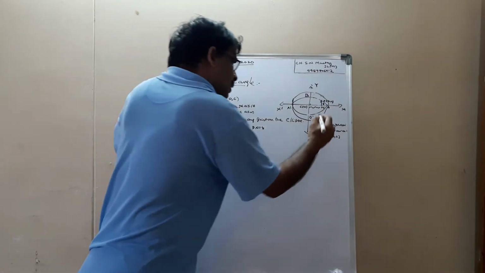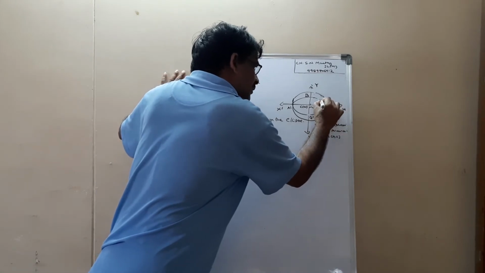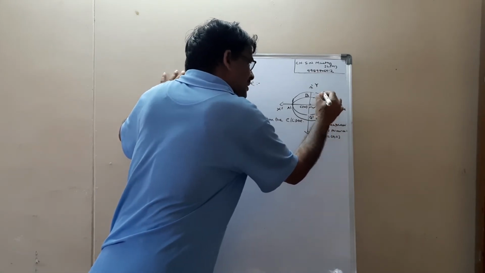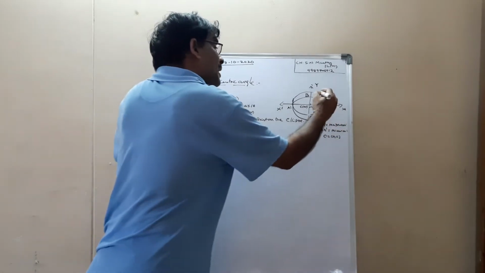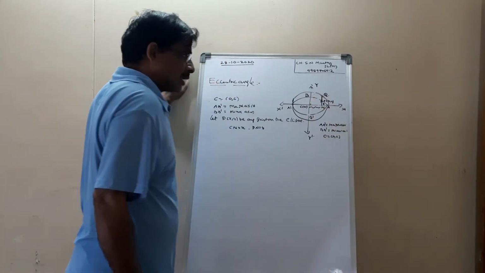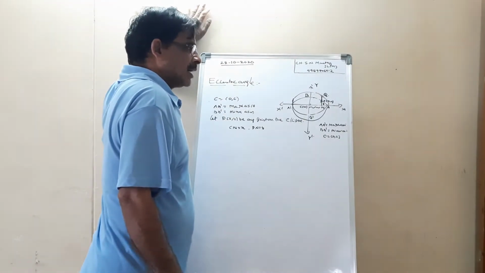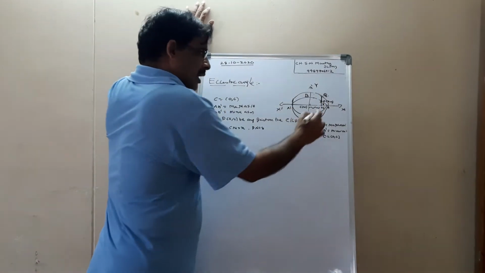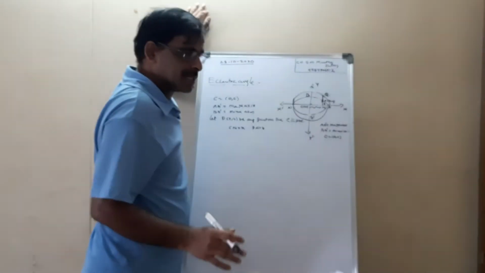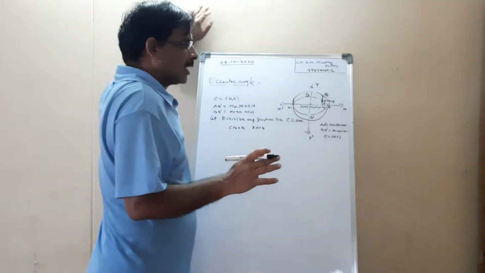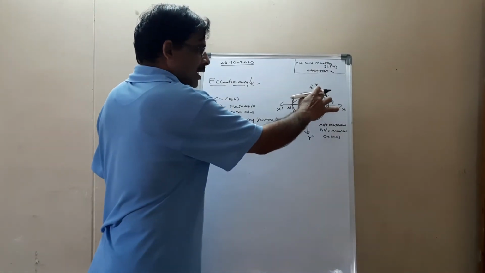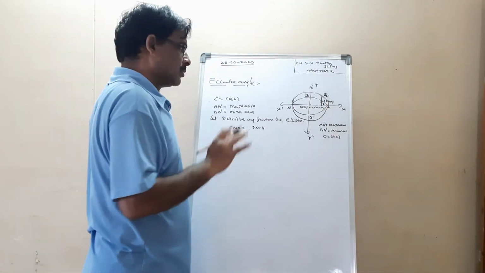Suppose you extend this ordinate, what happens? If you produce or extend the line NP, it touches the auxiliary circle at a point Q. Okay.